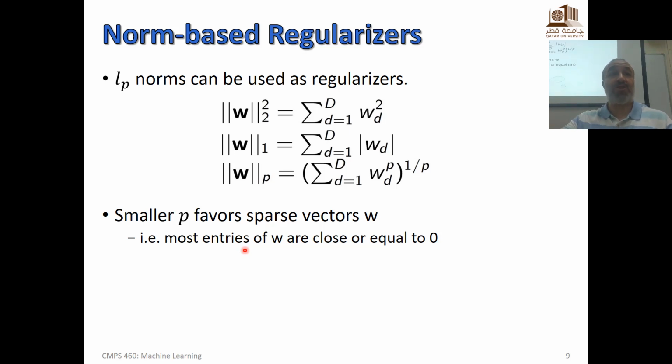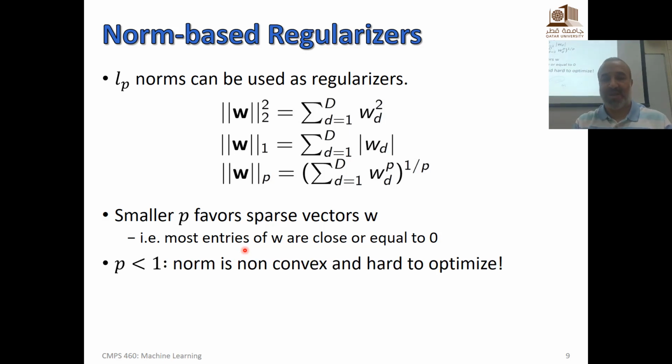Do you have any question about this up to this point? Then the choice is clear, right? We should have a very small value of P. But there is only one problem, which is that when P is less than 1, the norm is non-convex. Remember last time we said that we need the optimization function to be convex so that it will be easy to optimize.